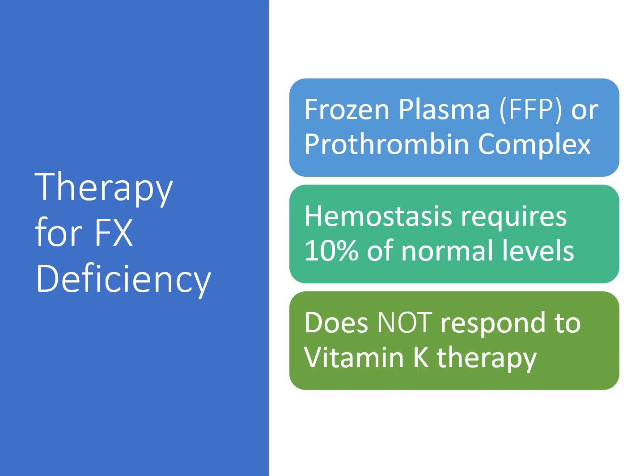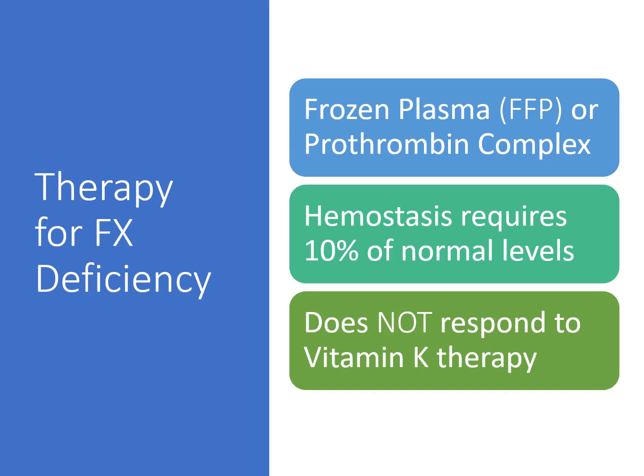An important note for therapy with regard to factor 10 deficiency: it is vitamin K dependent. However, it does not respond to vitamin K therapy. So vitamin K is not going to be helpful with regard to treatment for factor 10 deficiency unless the cause of the deficiency is acquired due to vitamin K deficiency. And then you would have a deficiency in all of your vitamin K dependent factors.